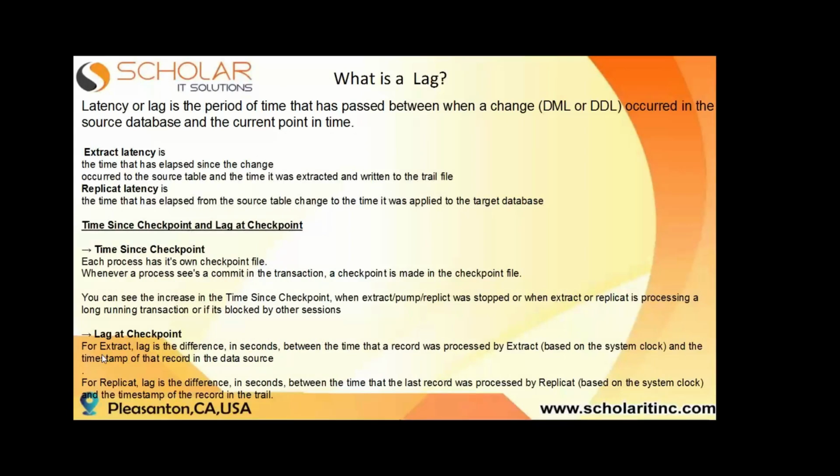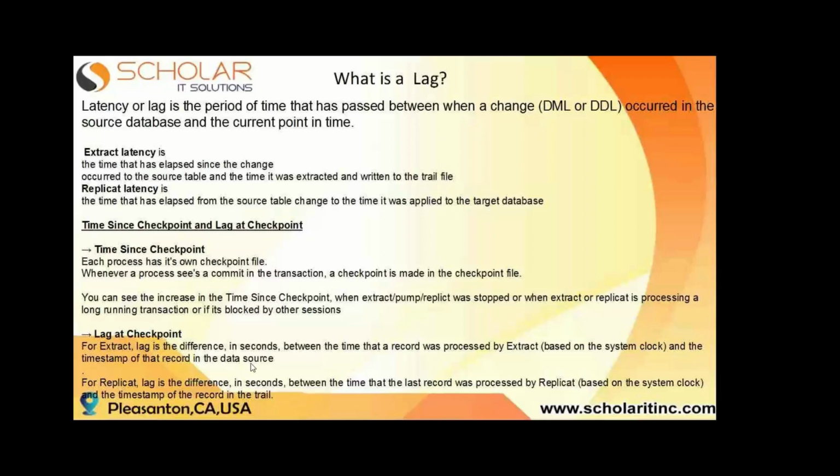For extract, lag is the difference in seconds between the time that a record was processed by the extract based on the clock and the timestamp of that record in the data source. Means, for example, if a row was committed at 5 a.m. and extract wrote that row in the trail file at 5:05, means the lag was 5 minutes.